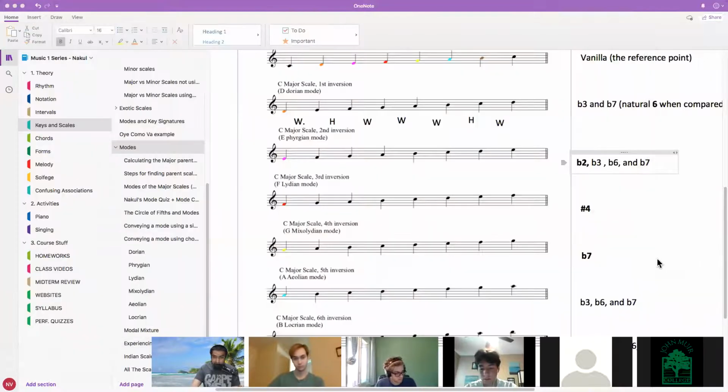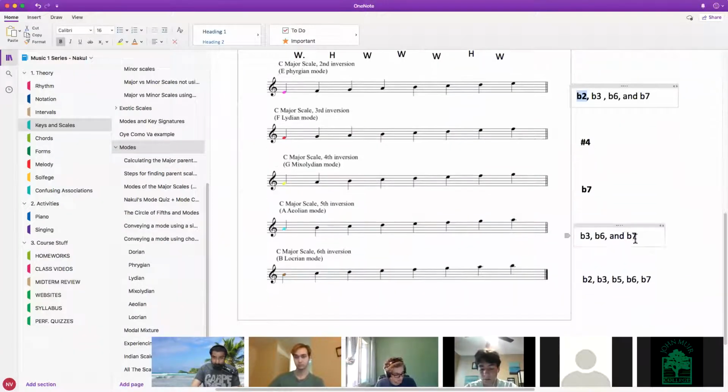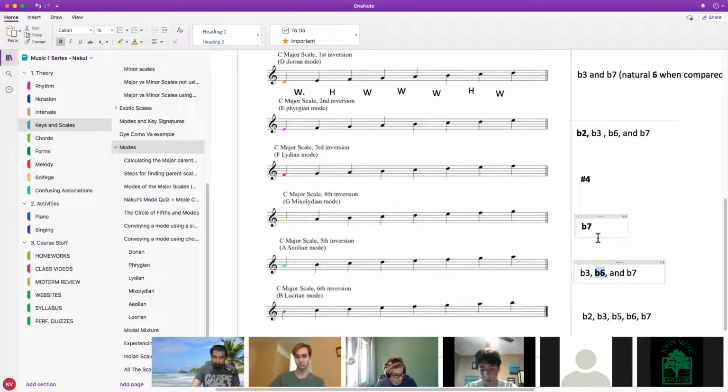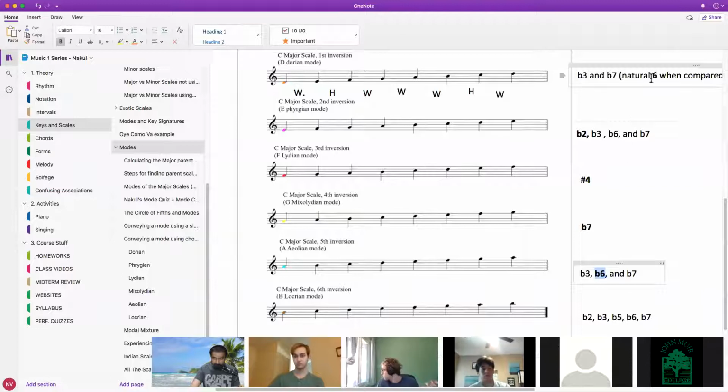Let's see if we can create an Aeolian trichord. Now, I would say this is the significant aspect of Aeolian: the fact that it's flat 6, right? That disambiguates it from this natural 6 when compared with its Dorian version, right?